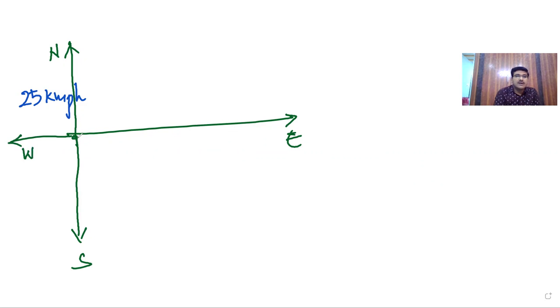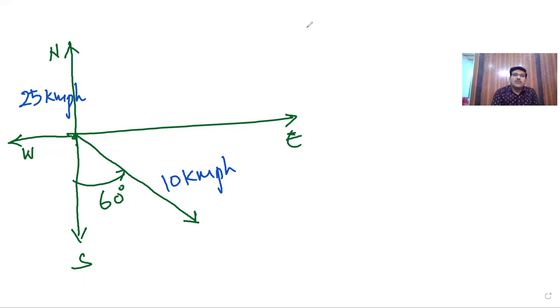So the water current vector is 60 degrees towards east of south, means from south. How much? It's 10 kmph. Now, if I represent one vector as A bar, the other vector as B bar.